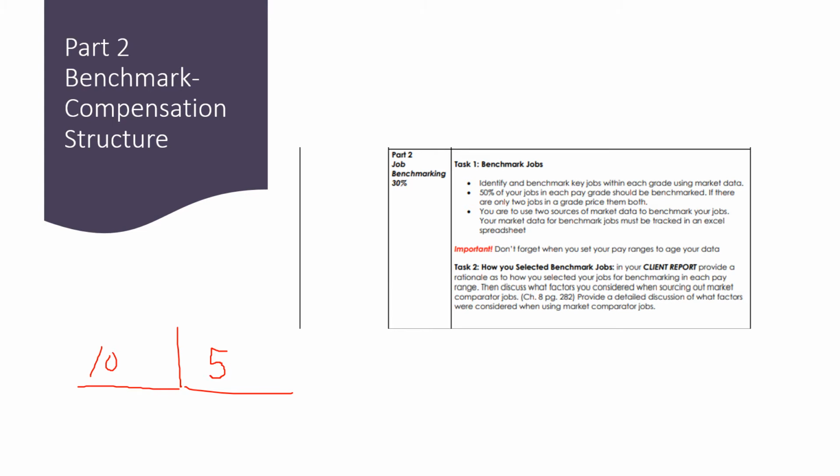And so provide your rationale as to how you selected your jobs for benchmarking in each of the pay grades. Then discuss what factors you considered when sourcing out the market comparator jobs. So you should be taking a look at some information in Chapter 8 to help you do this. So provide a detailed discussion of what factors were considered when using your market comparator jobs.